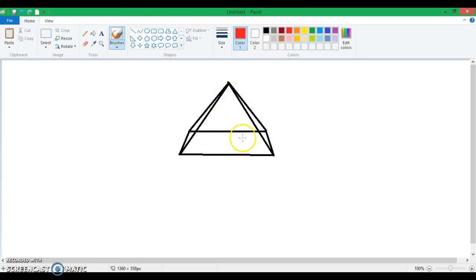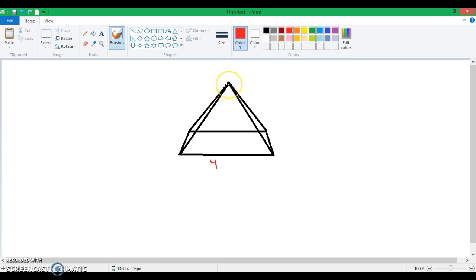Let's say that the side length is 4. And since it's a square, we all know that the side lengths are all going to be 4. So that's 4 times 4, which is 16.